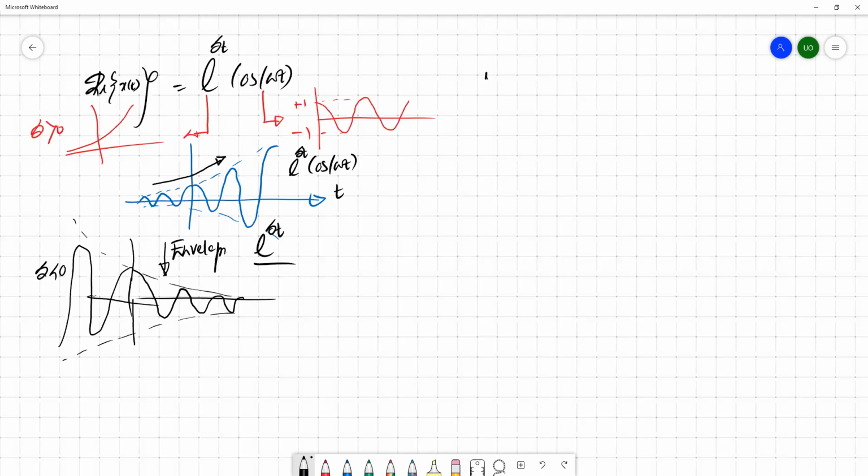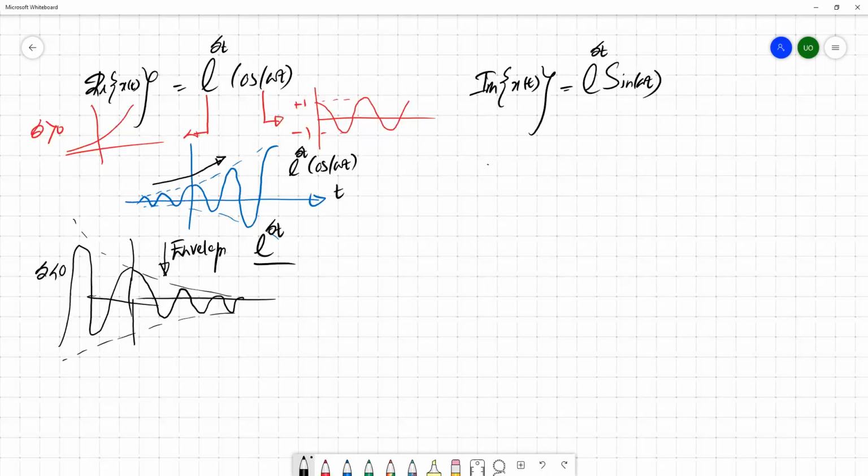Similarly, you can plot the imaginary component of x(t). It's very similar, and the trends are very alike. Rather than having the cosine, you have the sine function.